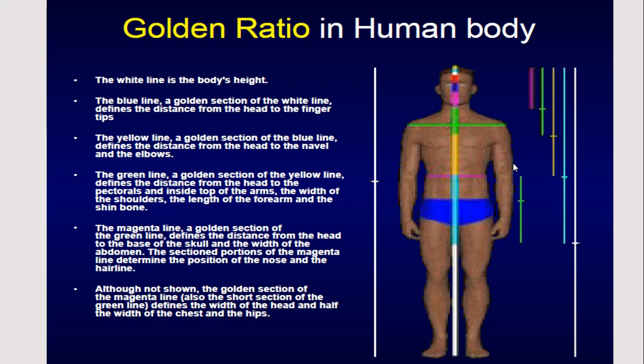Although not shown, the golden section of the magenta line, also the short section of the green line, defines the width of the head and half the width of the chest and the hips. So we also call this happy measurement. Okay, when we were in elementary school, our teacher taught us happy measurement. We use our body parts to measure something, and it's directly proportional to the other parts of the body.